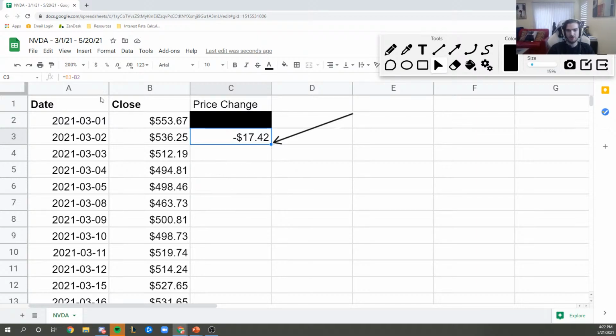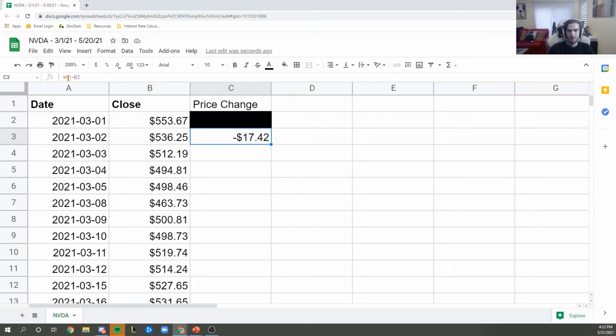So before I do anything, remember our current formula. Our current formula, B3 minus B2. Watch what happens when I take that little box and I drag down. That B3 minus B2 has now become B4 minus B3.